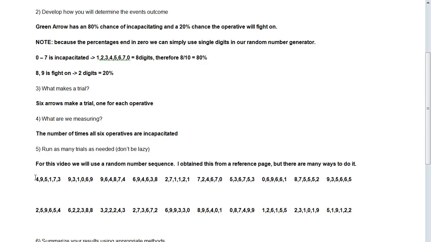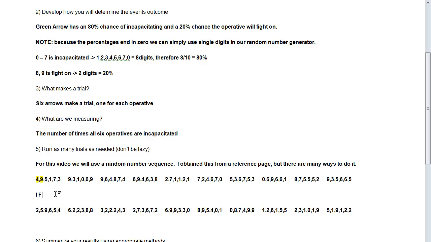All right. And so what we look at is with the 4 here, a 4 represents an incapacitated soldier. The 9 represents a soldier that is going to fight on.